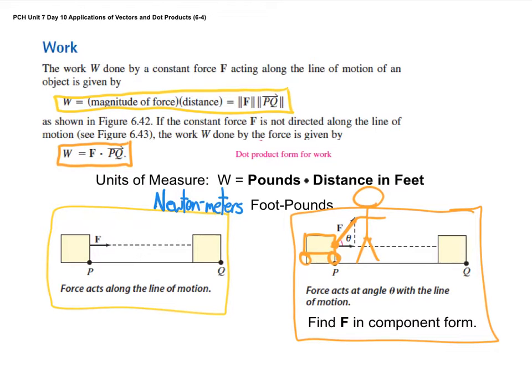So it's really easy to remember. Just look at the units of measure you're using for your distance and for your force, and that tells you you're multiplying them together with a dot product. So we have Newton-meters or foot-pounds.